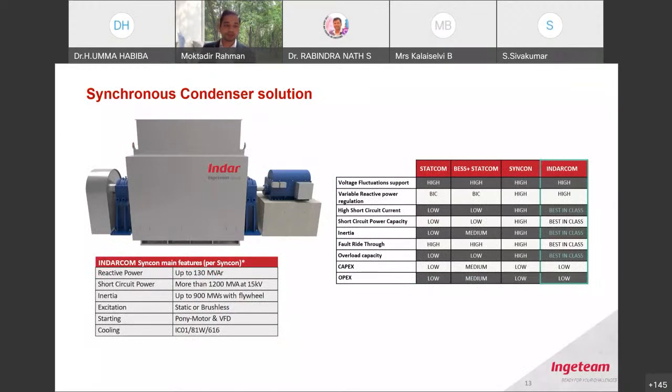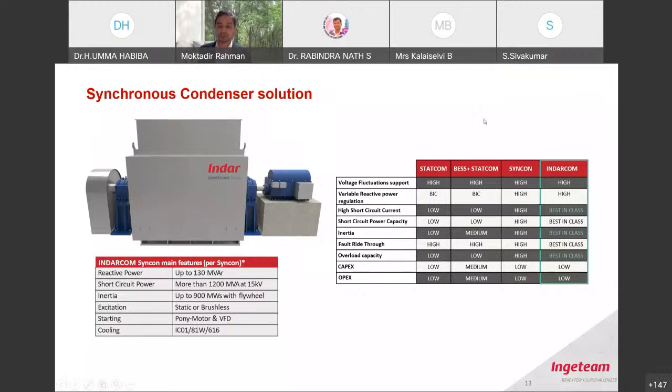Okay, so this is a synchronous condenser solution. As I showed you before, there is the system strength issue because the grid is weak and cannot support the renewable energy integration. A synchronous condenser can give more short circuit power and inertia at the connection point. So it will be an alternative solution, but the cost compared to the AC/DC solutions needs to be considered, and we need to do an economic assessment as well as a technical assessment.